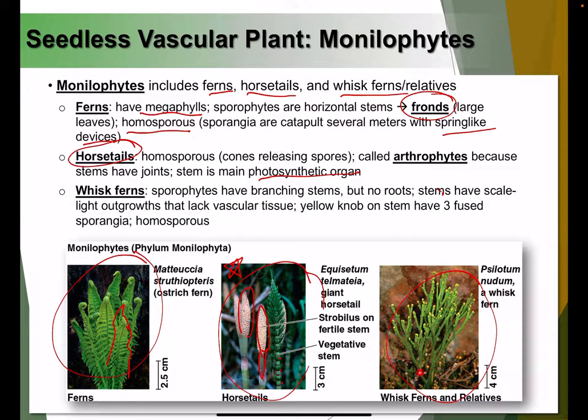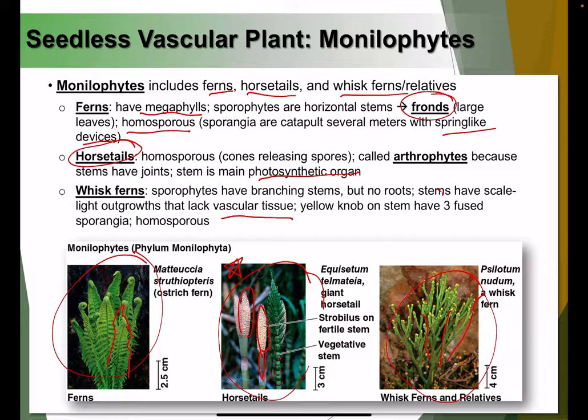And last but not least, you have the whisk ferns, which are sporophytes that have a branching stem like this, but they have no roots. So that's different from the other seedless vascular plants we've talked about. And then the stems have scale-like outgrowths that lack vascular tissue, which is pretty interesting because we call this a vascular plant, but yet it has outgrowths that lack vascular tissue.